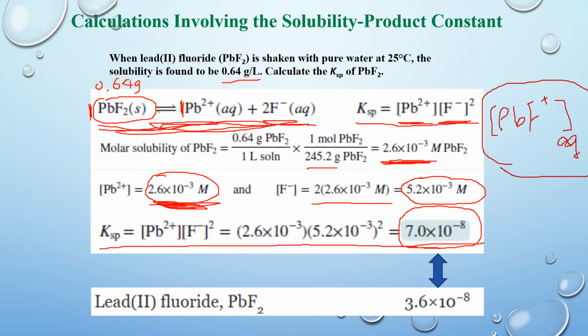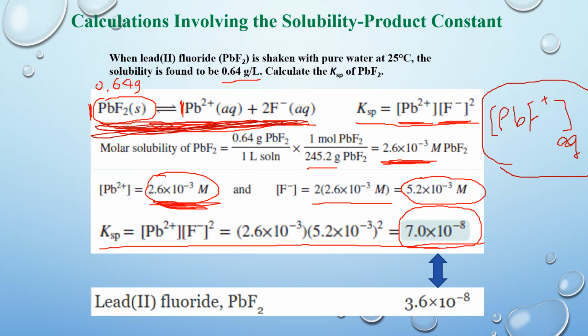For the tabulated KSP value, it will only consider this reaction, without considering the other possible species in the solution. But in this problem, for this 0.64 gram of solid that is dissolved, it actually includes not only the solid generating the lead 2 plus and the fluoride, but also the species that we didn't consider.